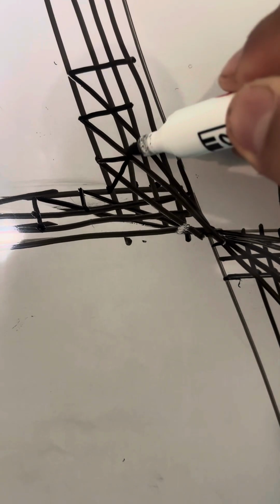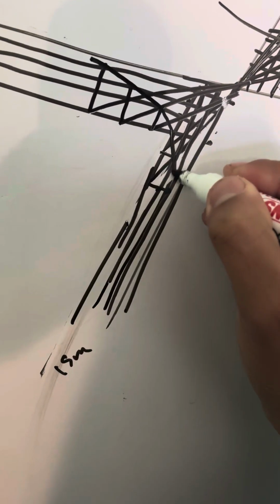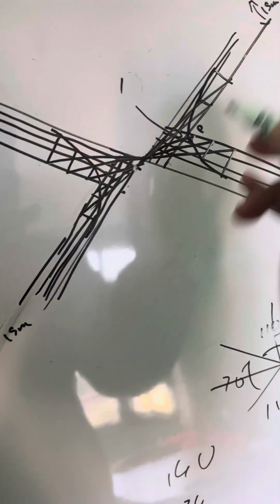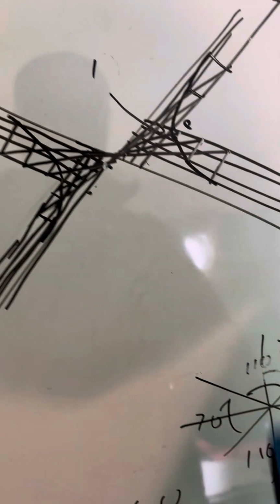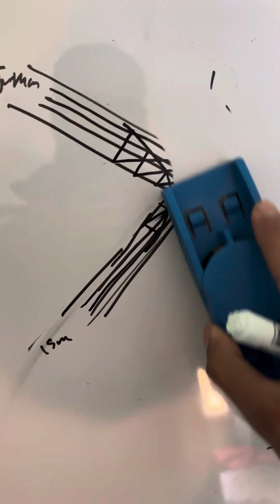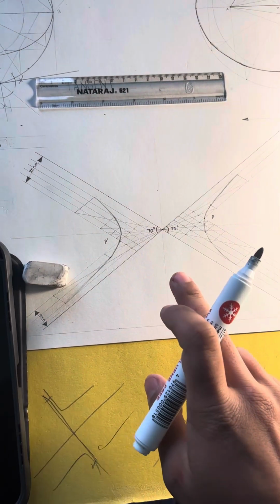Next, we're going to join it. Now you can see this makes the hyperbola. Now I'll erase it so you can look at it better. This is a hyperbola. Not that hard. Now, using a drafter and all the proper tools, this is what it's going to look like.